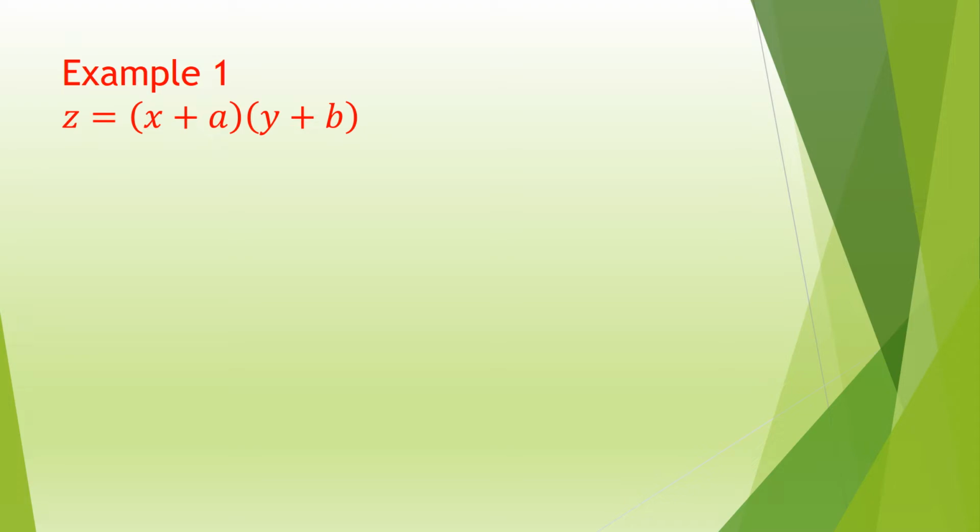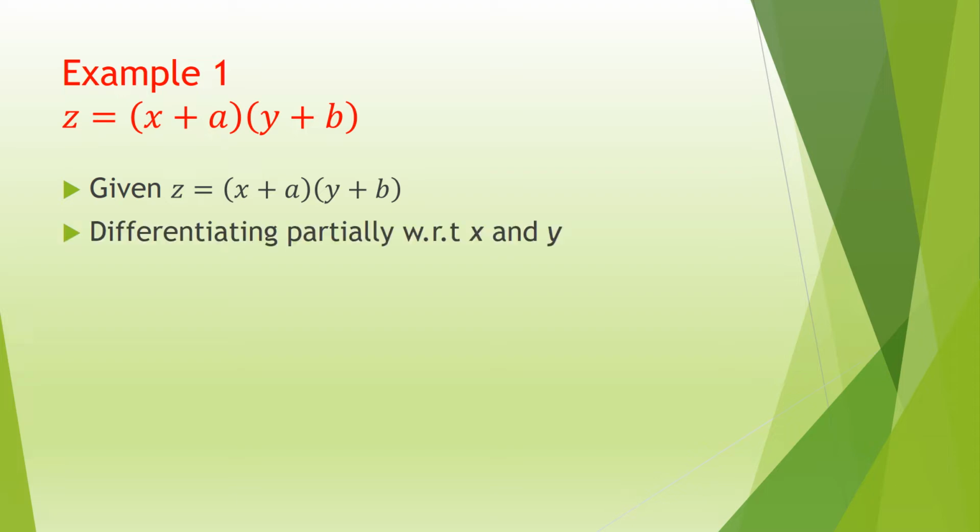First, let us differentiate this given equation, that is z is equal to (x plus a) into (y plus b), with respect to x and y partially. So if you differentiate this given equation partially with respect to x, what we get? That is ∂z/∂x equal to, on the left side.